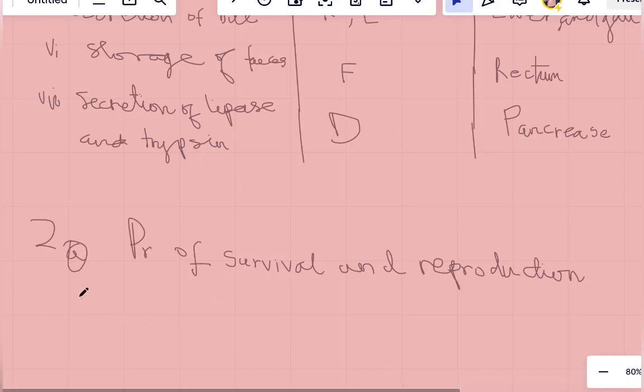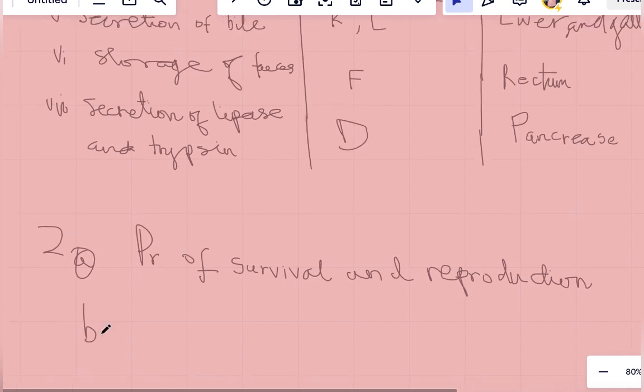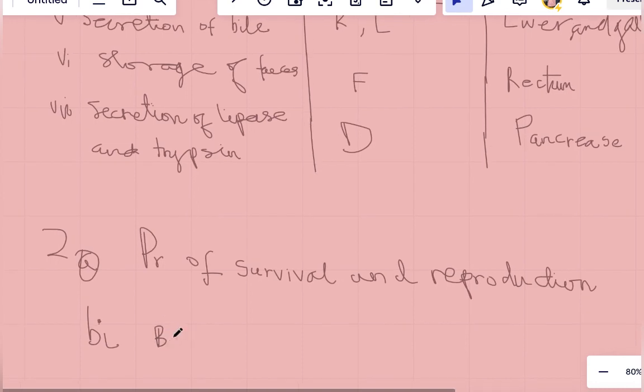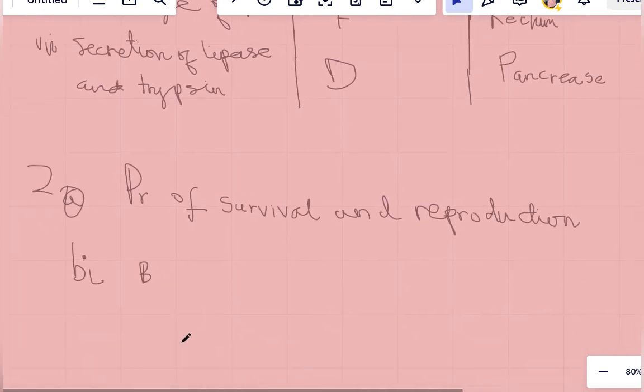So we say the burrow underground. Roman figure 1. Rodents like this, they live underground during the hot day temperature. That's one feature. So let's find another feature, because the number of features we write depends on the number of marks. If the marks is 2, we just write 2 points.